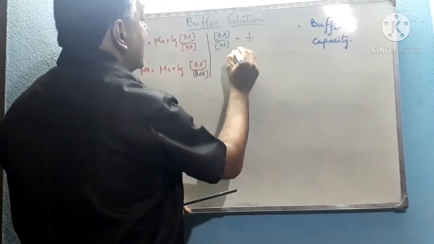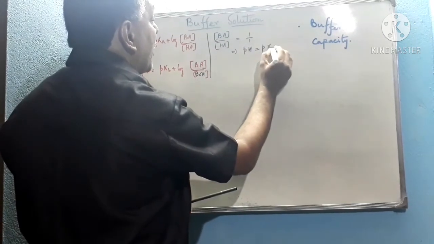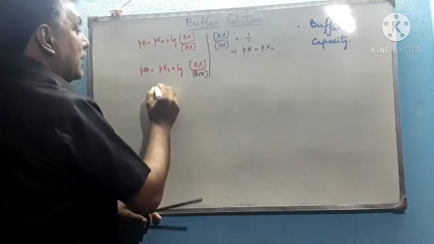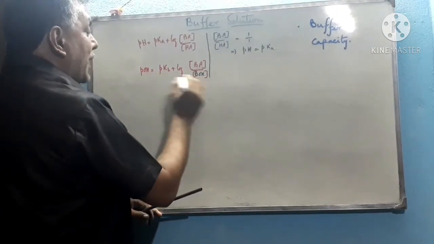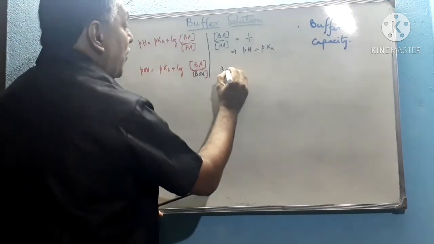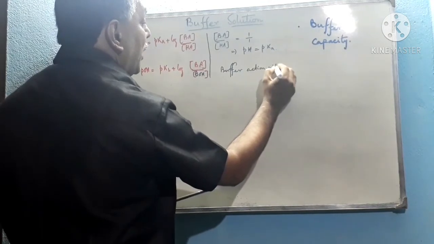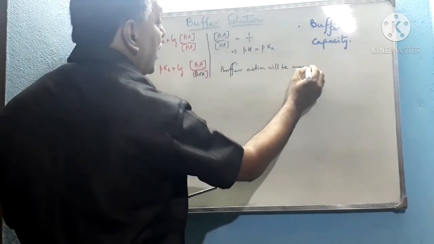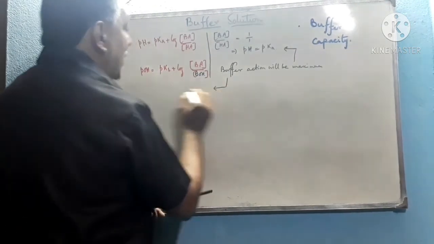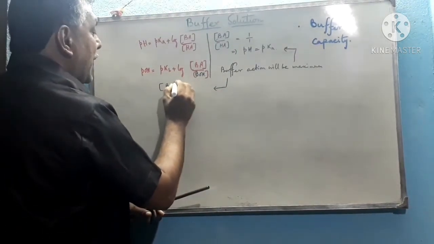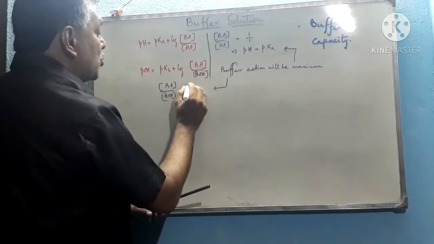So in that case pH equals pKa. In the case of a basic buffer, from experimental data we also have an idea that the buffer action will be maximum when the ratio of the concentration of salt to the concentration of base becomes 1 by 1.